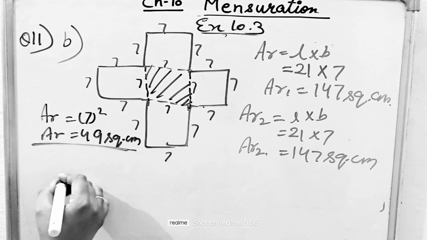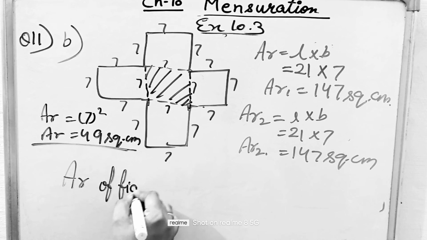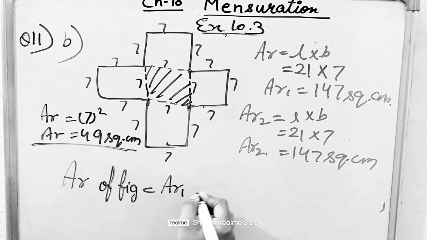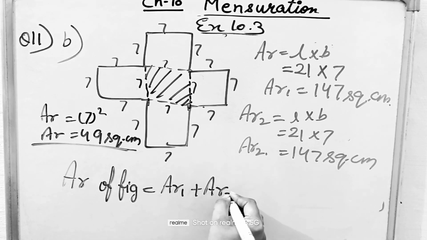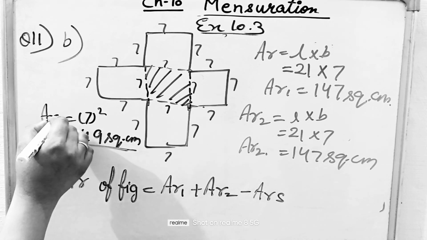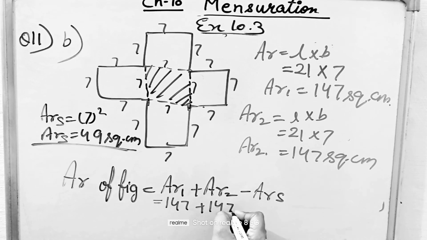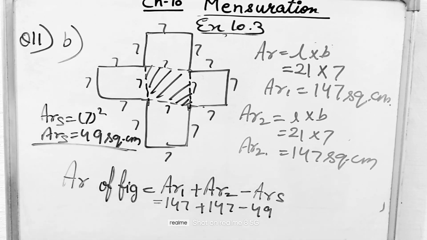So area of the figure will become area of first rectangle plus area of second rectangle minus area of square. So this is 147 plus 147 minus 49. Solve it.